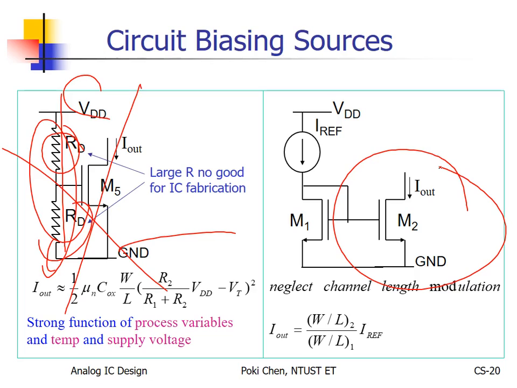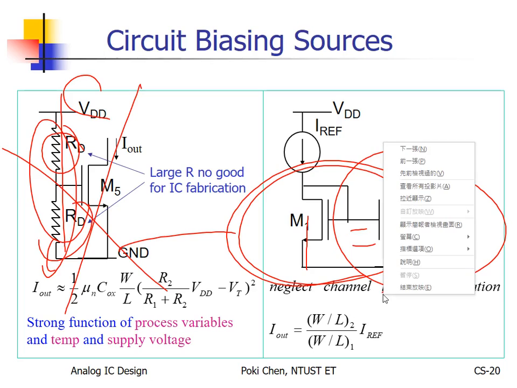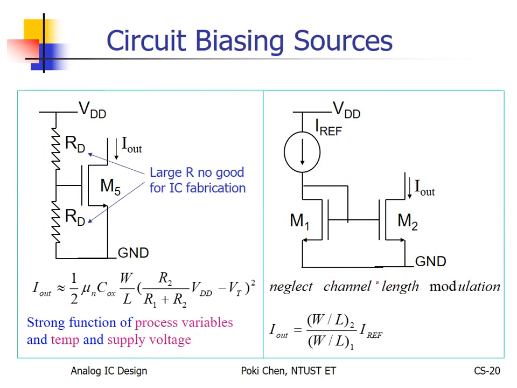Anyway, for such kind of M1 and M2, 1-to-1, from the beginning, a very simple current mirror. Congratulations, for what? Look, we can take advantage of the gate current because the gate is totally isolated from the channel.